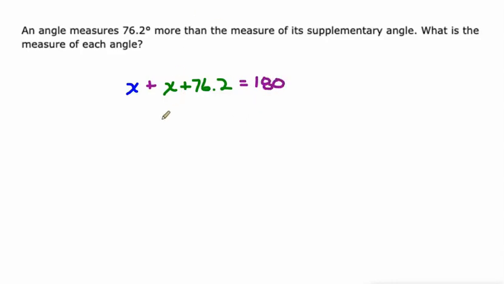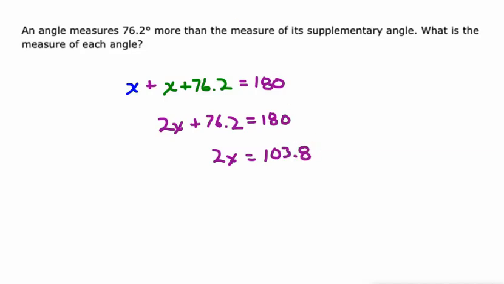So we can combine the x's, make that 2x plus 76.2 equals 180. Subtract 76.2 from both sides. That would give us 2x equals 103.8.